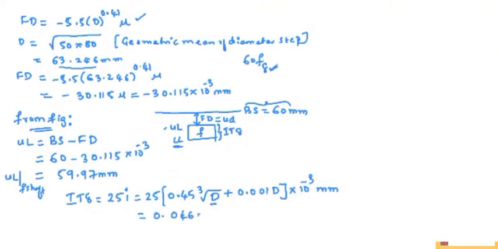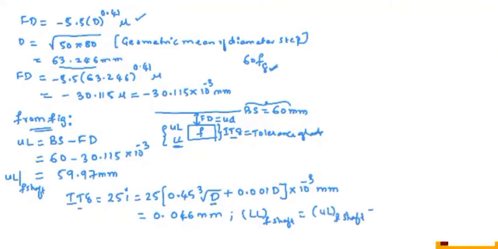If you substitute this, you will be getting the value of IT8 as 0.046 mm. Once you know the tolerance, the difference between upper limit and lower limit, which is IT8, the tolerance grade given in the question, you can find out the lower limit. Lower limit of the small f shaft is equal to upper limit of the small f shaft minus tolerance value.